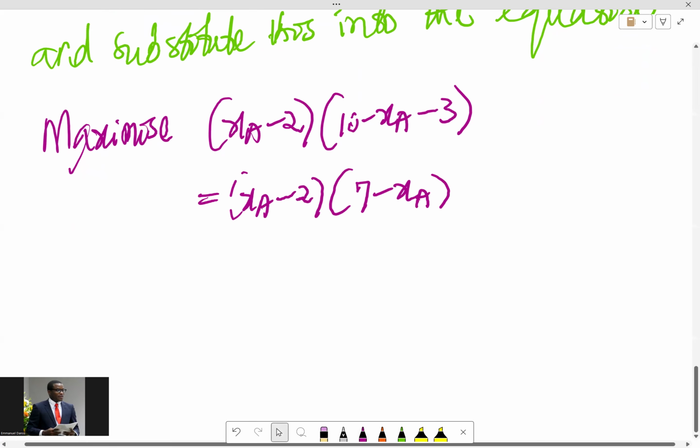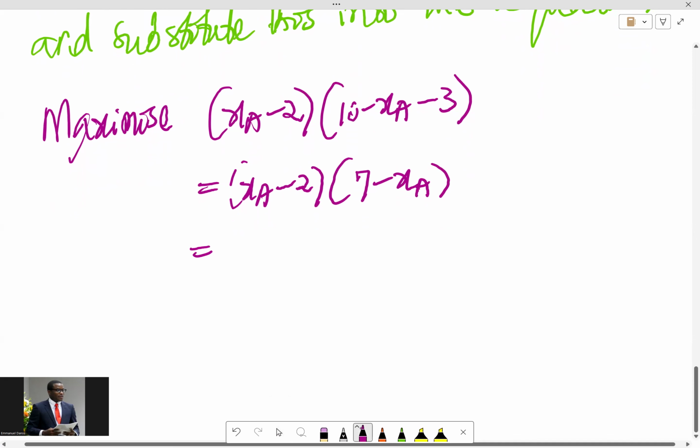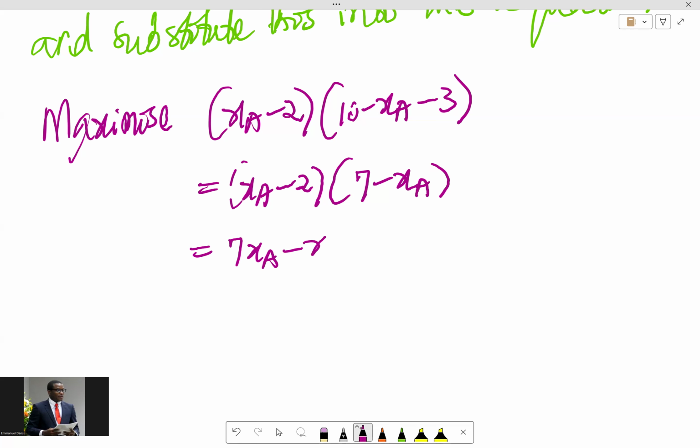All right, and then we can expand this. We have XA times 7, that is 7XA. XA times XA, that's minus XA squared. Then minus 2 times 7, that's minus 14. Minus and minus is plus 2 times XA, that's 2XA.